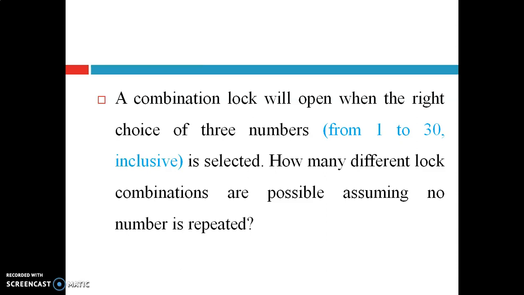You are aware of a combination lock, where a particular combination of digits is used as the lock key, and only if that combination is entered will the lock open. Here the key is set using the numbers 1 to 30, and we take 3 numbers at a time for locking or unlocking. So how many different lock combinations are possible when n is 30?